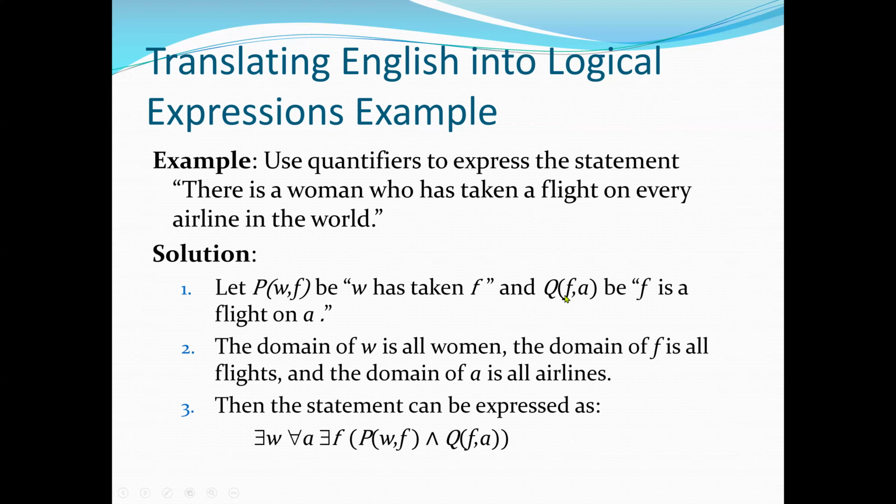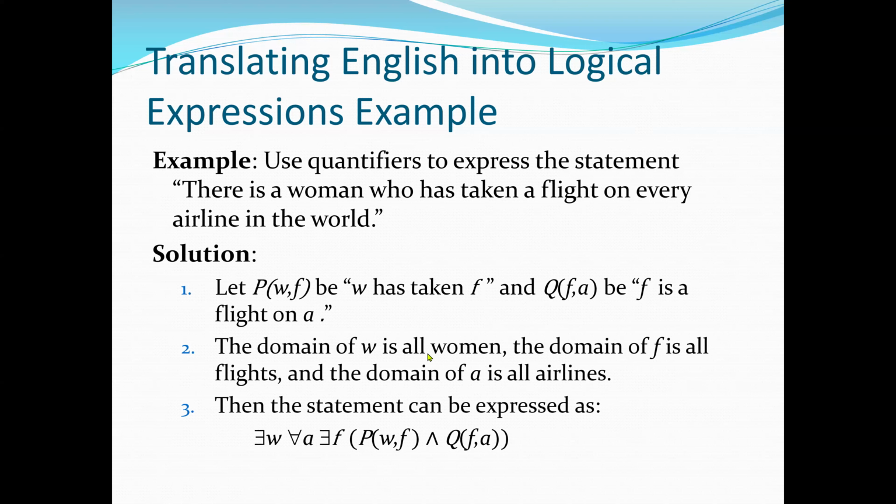So we have a quantifier, Q(f, a), which is f is a flight on a. So the domain of w is all women, and the domain of f is all flights, and the domain of a is all airlines. And the question says to use the quantifier to express that there's a woman who has taken a flight on every airline in the world.